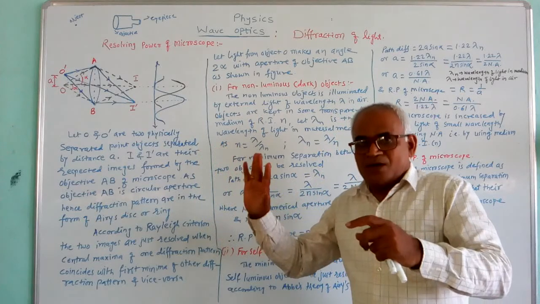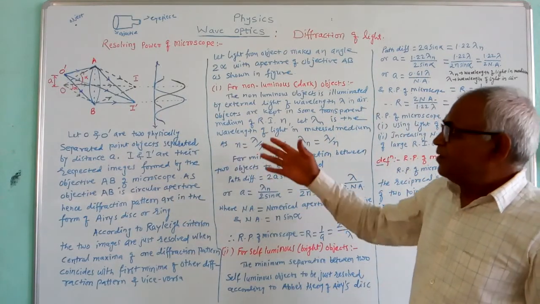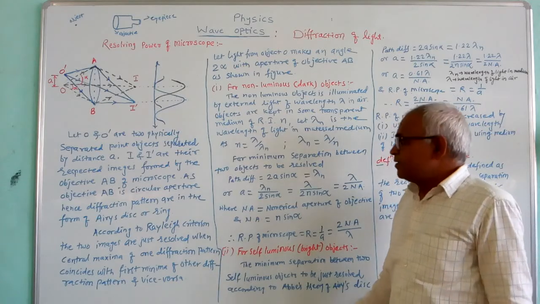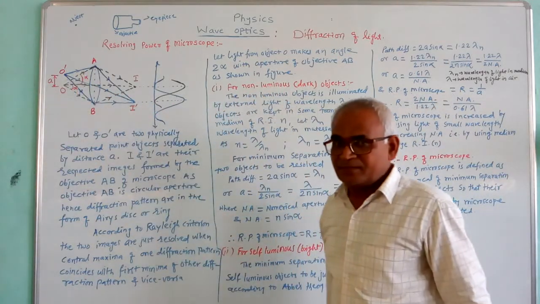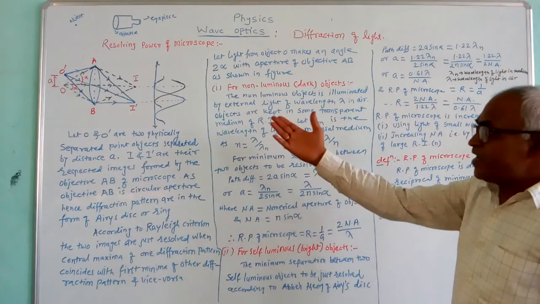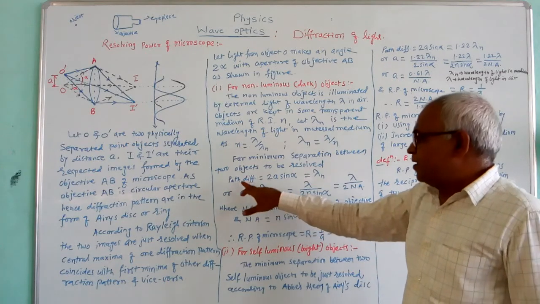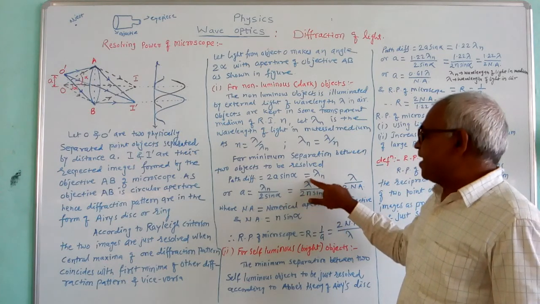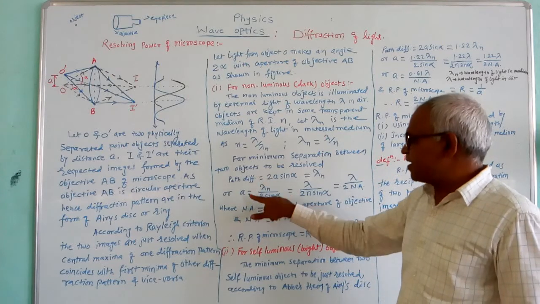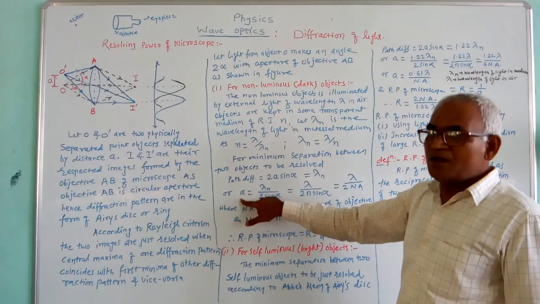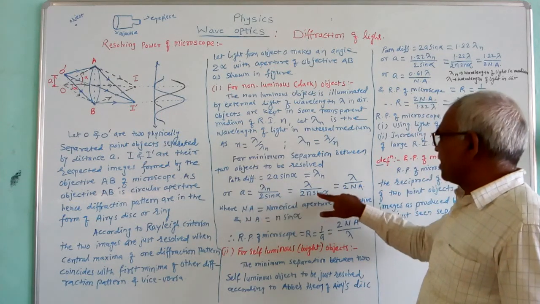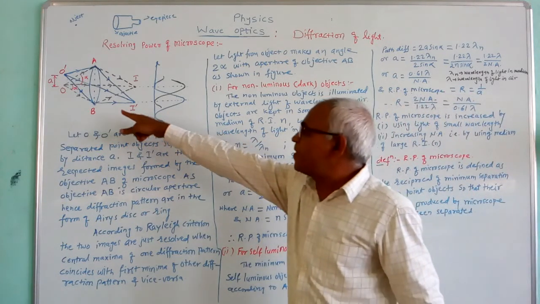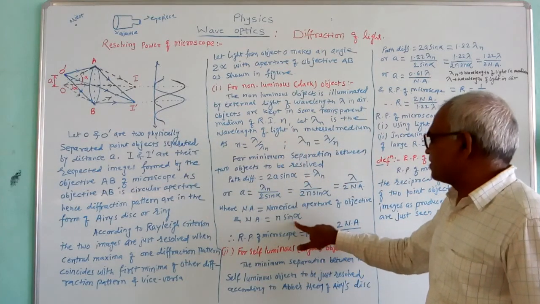Now for the condition of resolution of the images, the minimum separation between the two point objects so as to just resolve by the objective, the path difference between the two light waves should be equal to twice a sin alpha, that should be equal to lambda n, and from this the minimum distance between the two non-luminous objects so as to just resolve is equal to lambda upon 2 n sin alpha, which is lambda upon 2 NA, where NA is known as the numerical aperture of the objective of the microscope, and that is equal to n sin alpha.